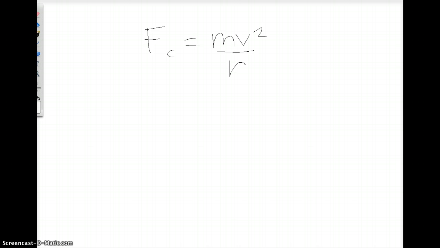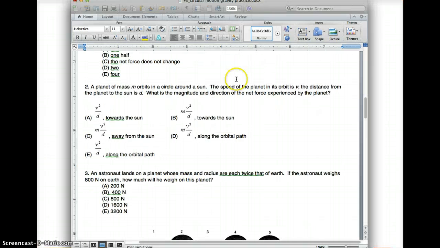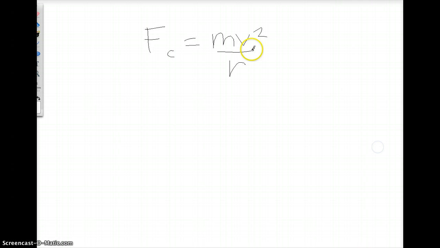They gave us that distance, this d, which is the distance from the planet to the sun. So rather than using r, we can just substitute a variable d in there. And this centripetal force is the net force, as we've been saying. And so it's just this mv squared over d.